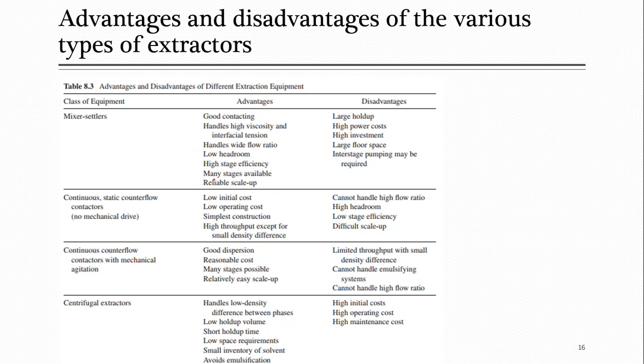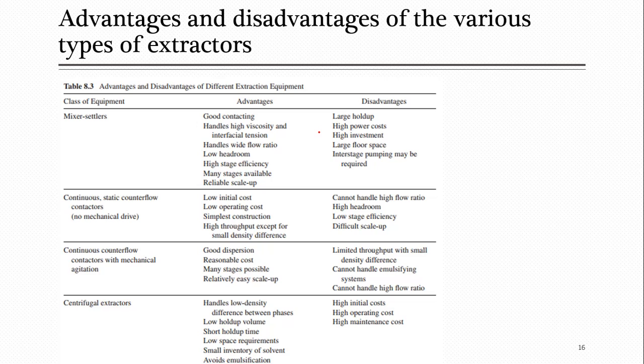There are various other advantages also, but there are some disadvantages, like they have a large hold-up. I mean, a large amount of liquid is held up inside them before it comes out. Suppose you are using it continuously and there is another operation after this; definitely a large amount of liquid is captured inside.